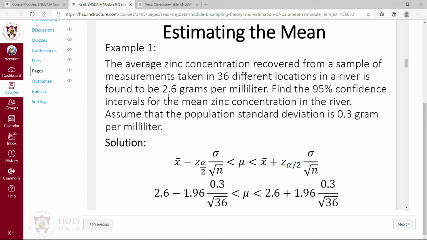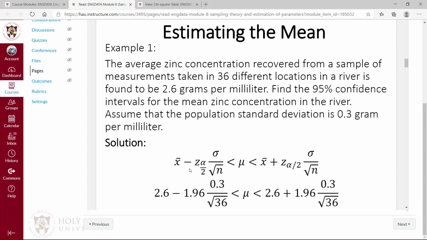So using the formula for estimation of the mean, based on the given, we have 2.6 grams as our sample mean x bar, and 0.3 gram standard deviation, and n is taken as 36 for the different locations.